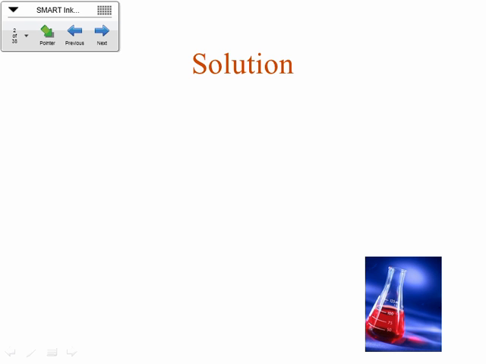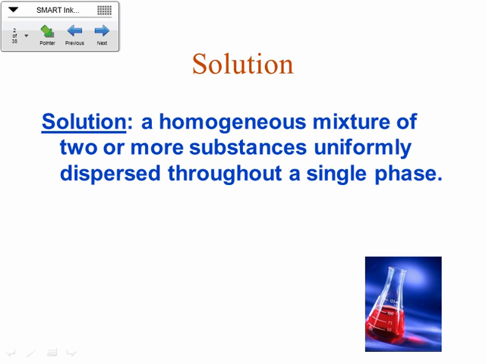I'm talking about mixtures. That's the context we talked about it in here. A solution is actually a homogeneous mixture. Do you remember that from earlier in the year, where we said a homogeneous mixture can also be called a solution?